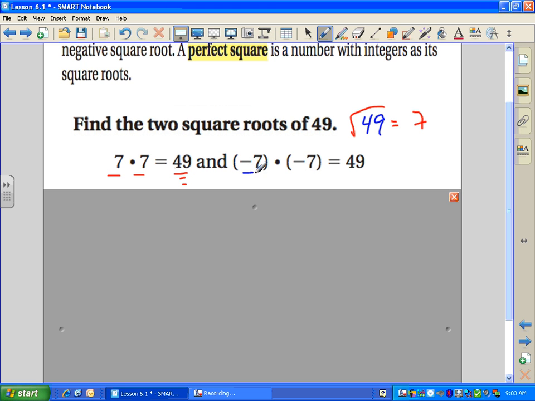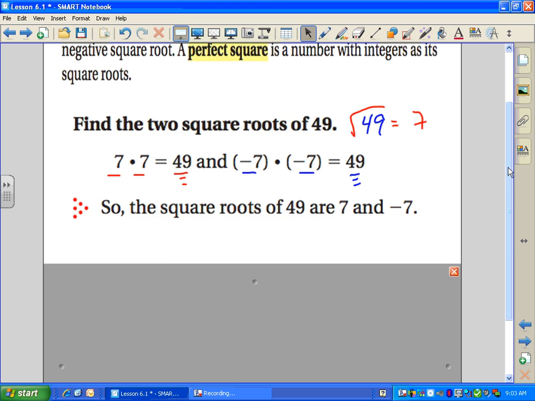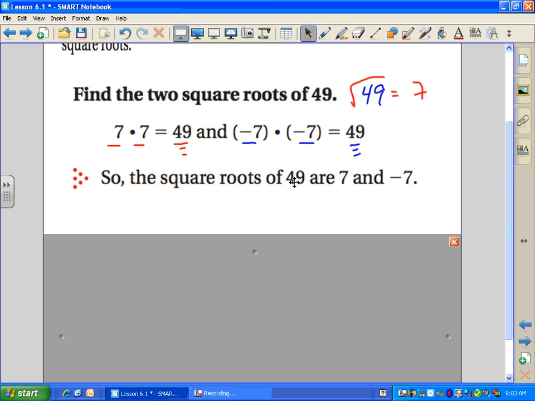But don't forget, a negative 7 times a negative 7 is also 49. So don't forget a negative times a negative is a positive. So we say the square roots of 49 are 7, 7 times 7 is 49, and negative 7, negative 7 times negative 7 is 49 also.